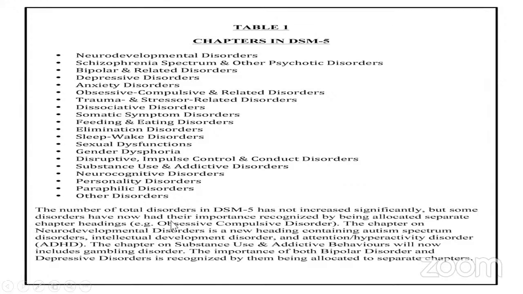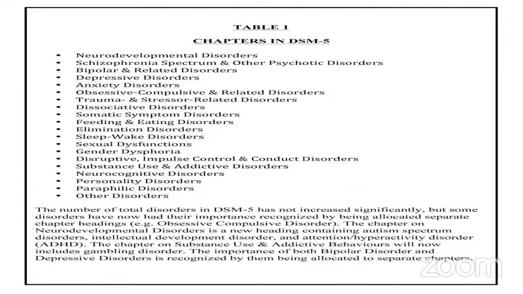Okay. So they have not increased the total number of disorders, but what they have done is reshuffle the disorders. So some disorders now have their own importance. They've recognized their own importance, and they've removed, for example, OCD from under anxiety disorders and given it its own heading, its own chapter.